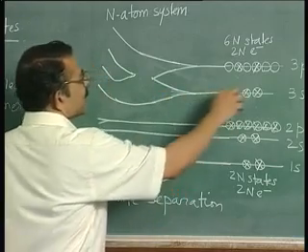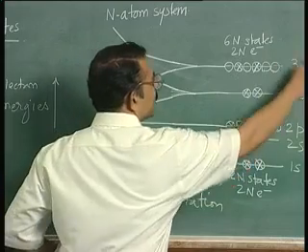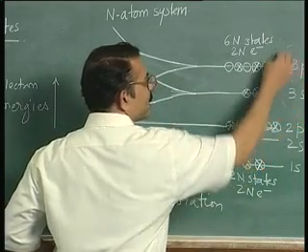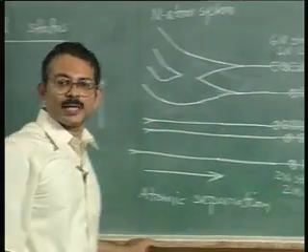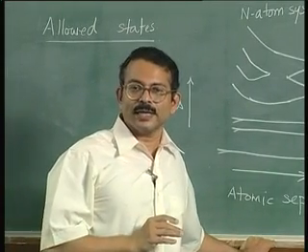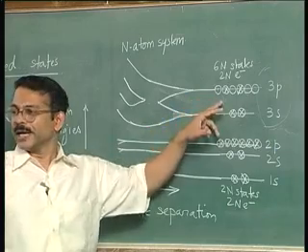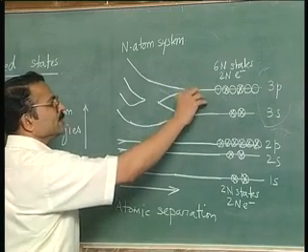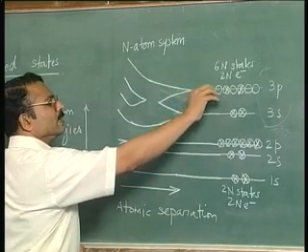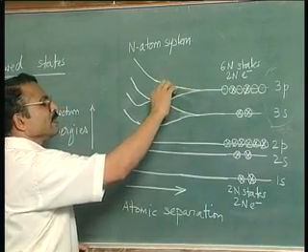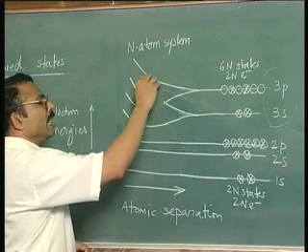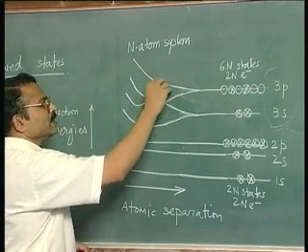And how many states are involved? If you take this third orbit, this particular level, 3p and 3s together, the total number of states involved is 6 plus 2, 8. So the 6n states here are spreading and the 2n states here are spreading, and they are merging together over this region.